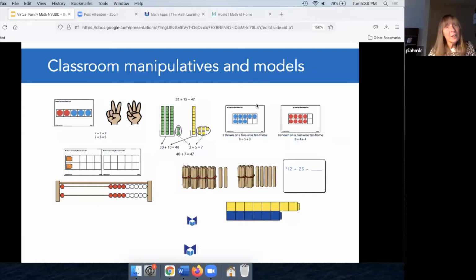And then eventually we'll introduce the symbolic, the numbers, so that they can make sense of that visual representation with the symbols, with the abstract. So you'll see a variety of materials in the games and also in the classroom practice. And maybe there's even been some homework that's been sent home where you've seen some of these models and materials.